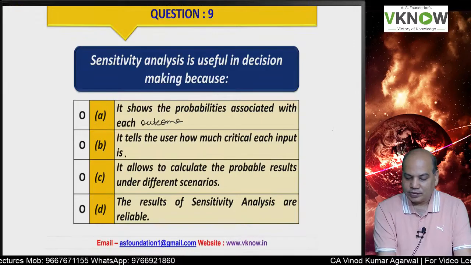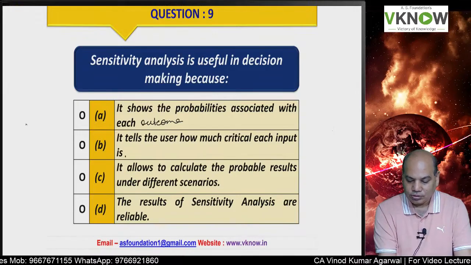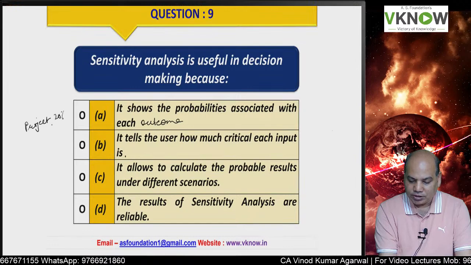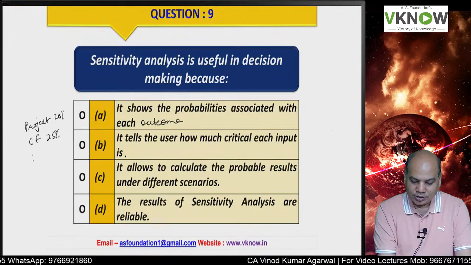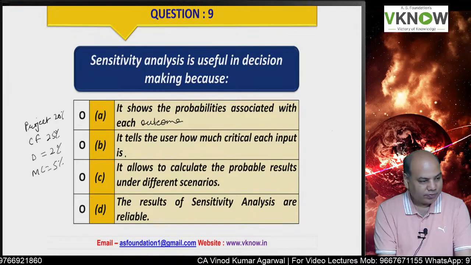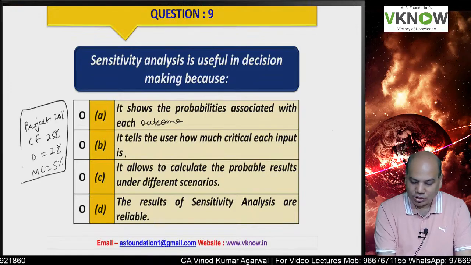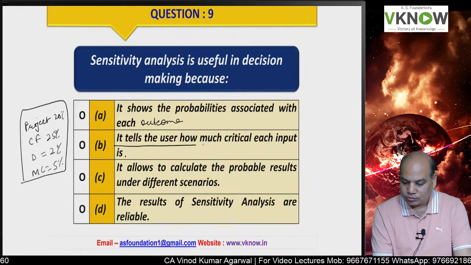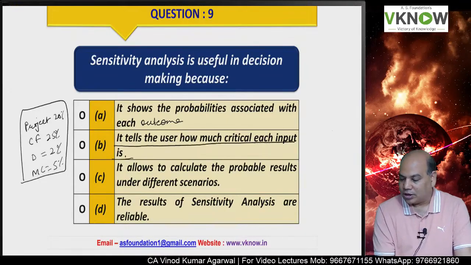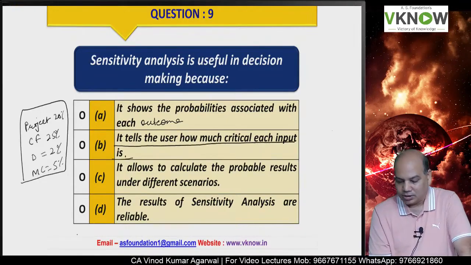After doing sensitivity analysis, you will get to know that sensitivity of the project is 20%, cash flow is 25%, discount rate may be 2%, material cost may be 5%. So after knowing all this, you will get to know the criticality of each input parameter.